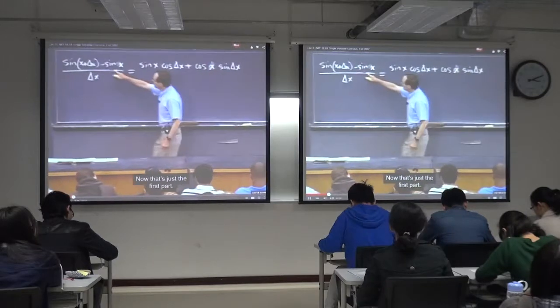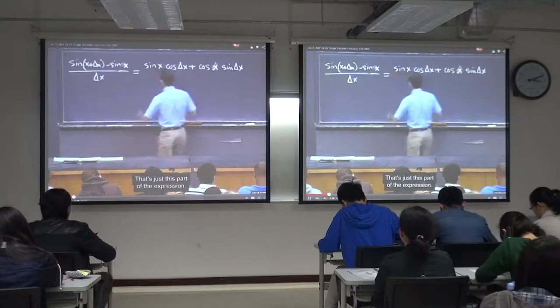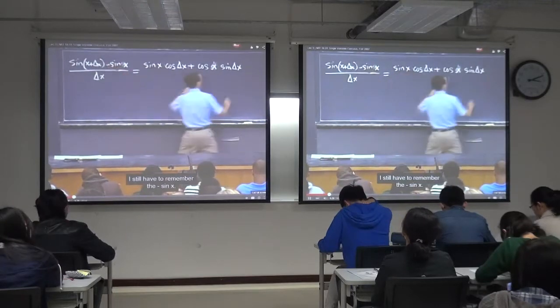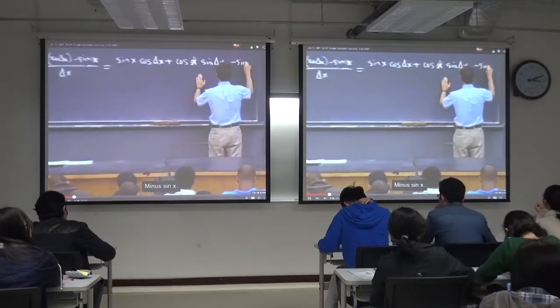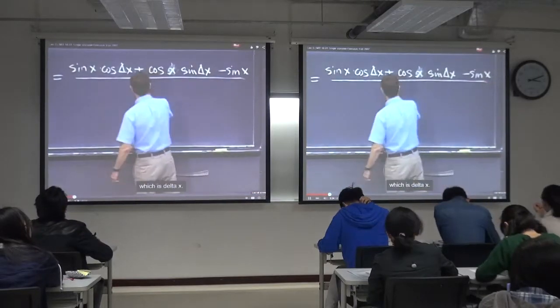Now that's just the first part. It's just this part of the expression. I still have to remember the minus sine x. That comes with the minus sine. And then I have to remember the denominator, which is delta x.